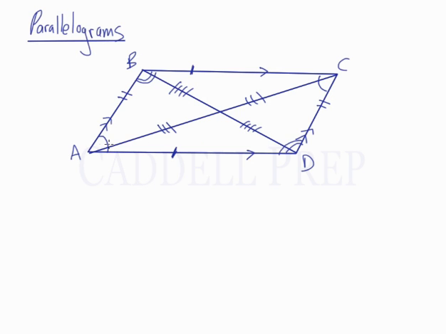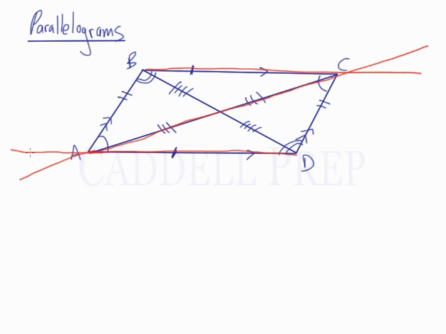Something else that happens when we draw this diagonal is it affects the angles. So I'm going to extend this diagonal like so in both directions. I'm also going to extend these two sides. So if we just look at these red lines, we see that we have parallel lines.